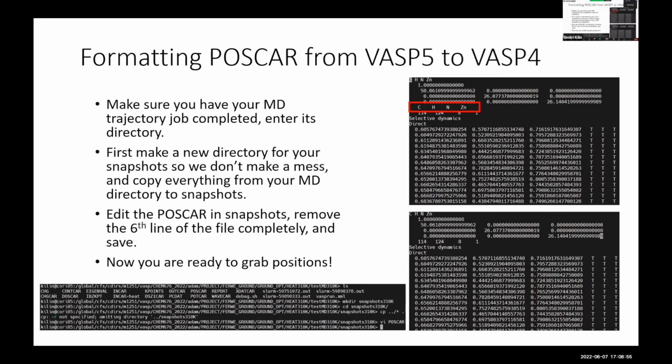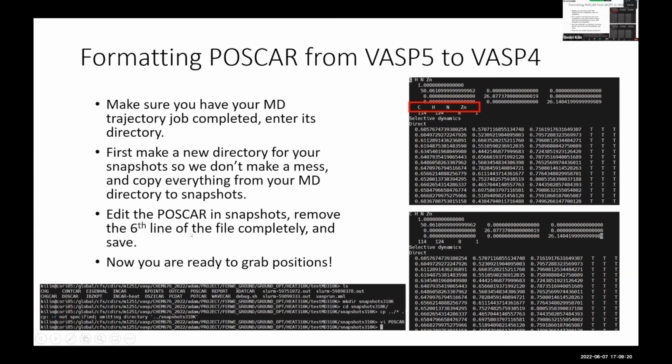In order to extract these, we first have to do the setup. We want to make sure that the MD is complete. We want to make a new directory and copy over everything from the MD directory to our new directory. The new directory is going to be called snapshots, at least that's what I did. You can call it whatever you want.